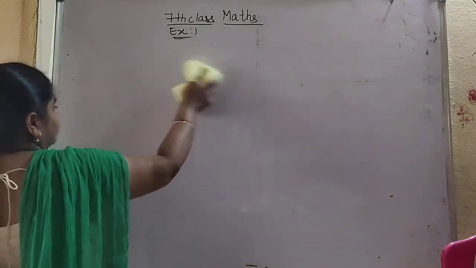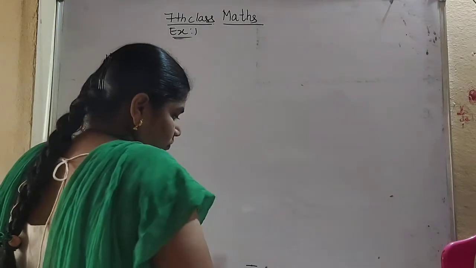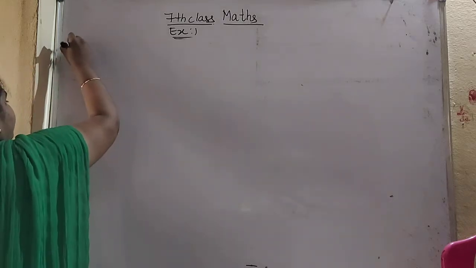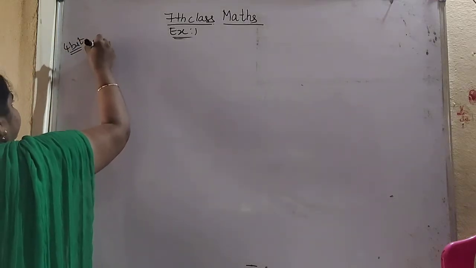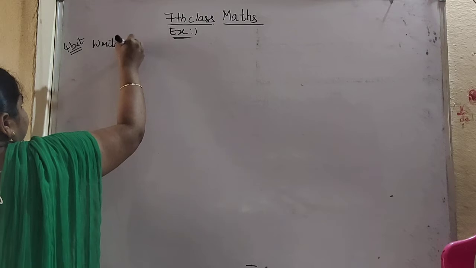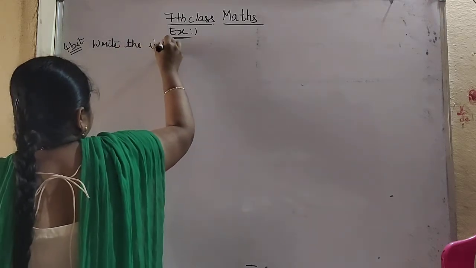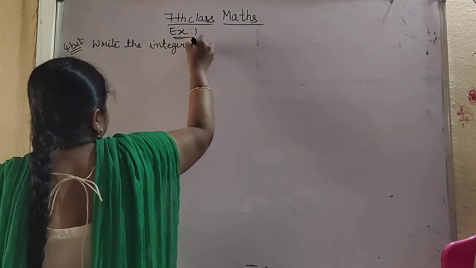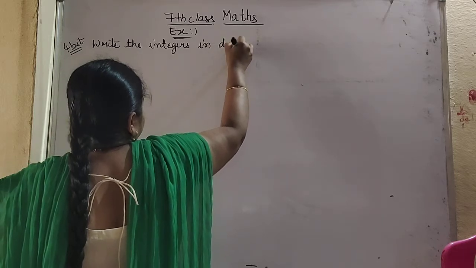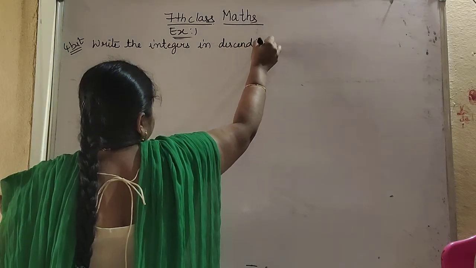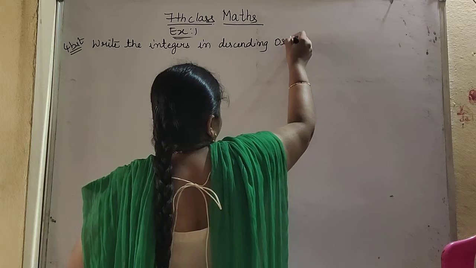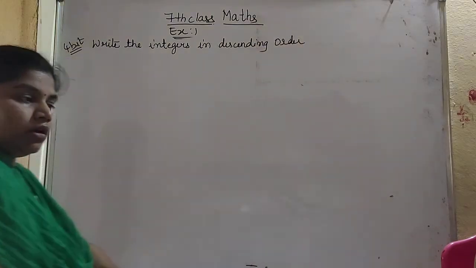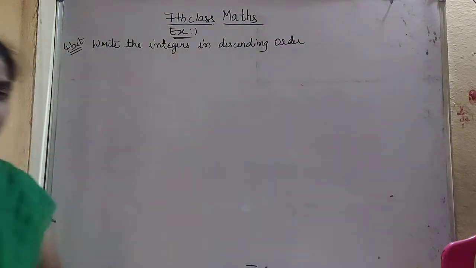In the fourth bit we have to arrange in descending order. Descending order is nothing but big to small.